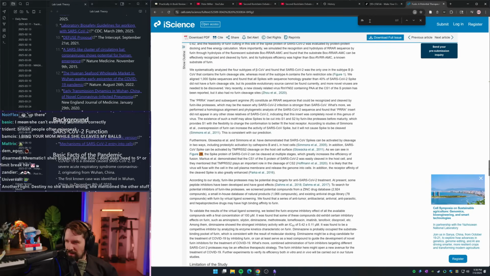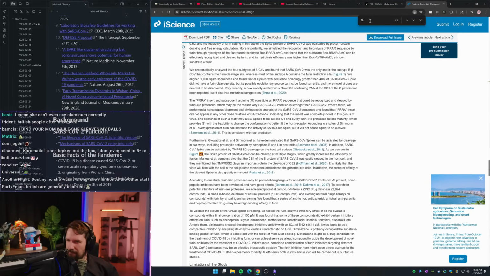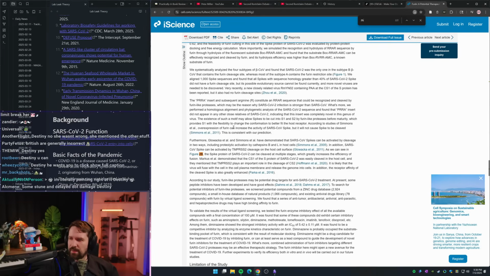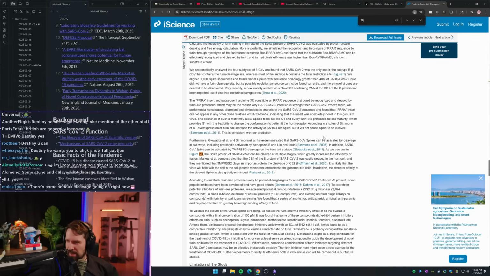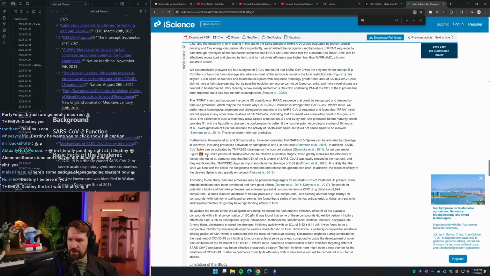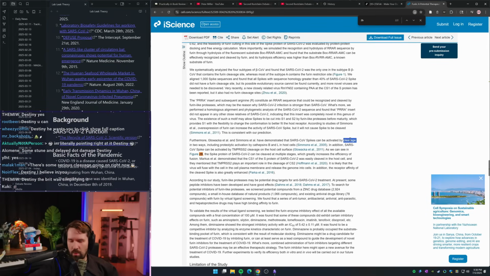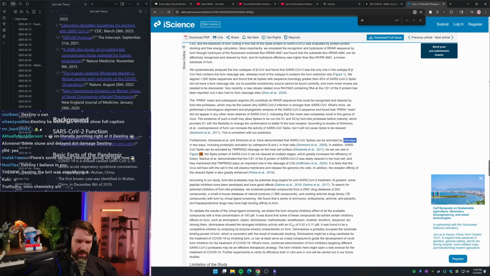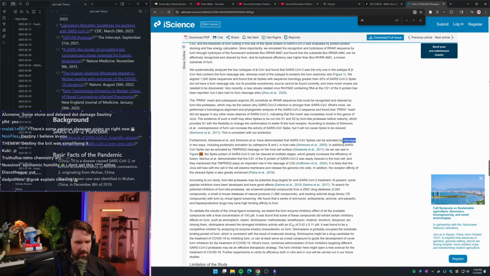Furthermore, Glowacka and Simmons et al. have demonstrated that SARS-CoV spikes can be activated by cleavage in two ways. Oh, okay, when we say cleave, what does cleave even mean now? Does cleave mean cut? Or does cleave mean something different? It means cut, right?